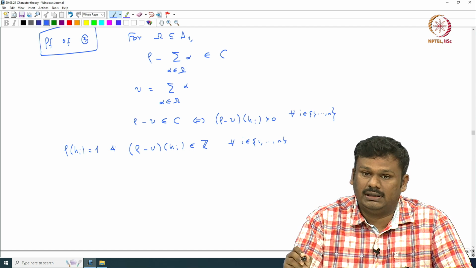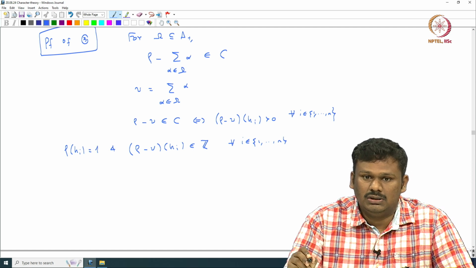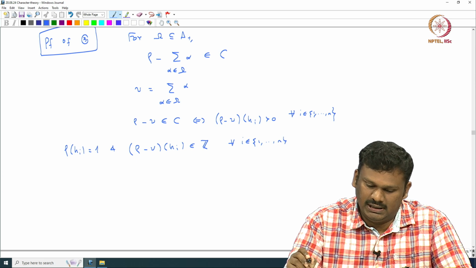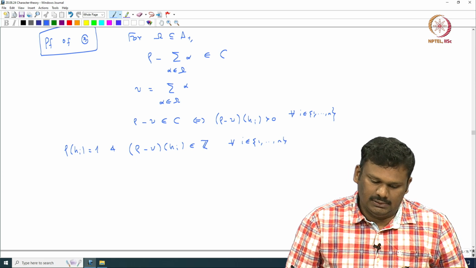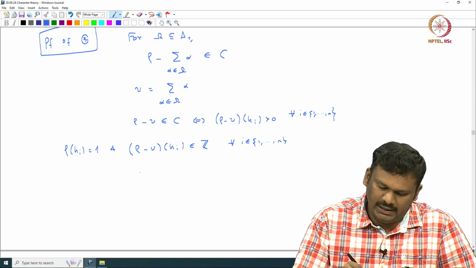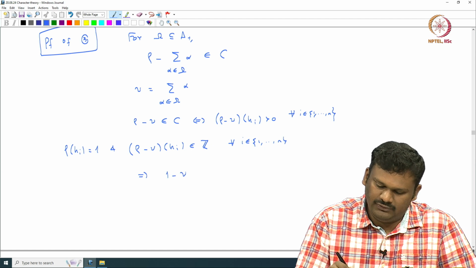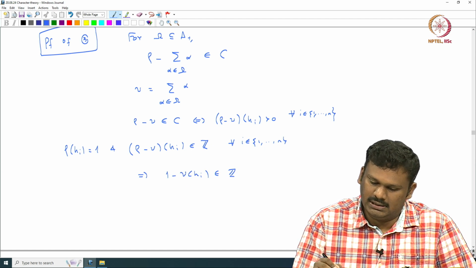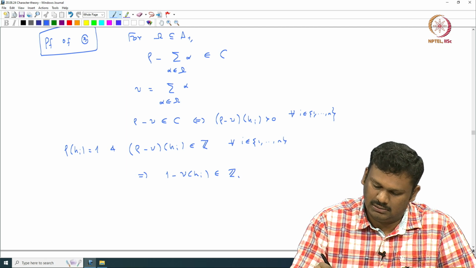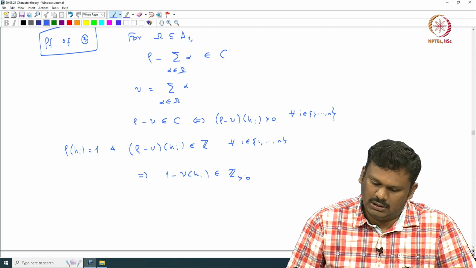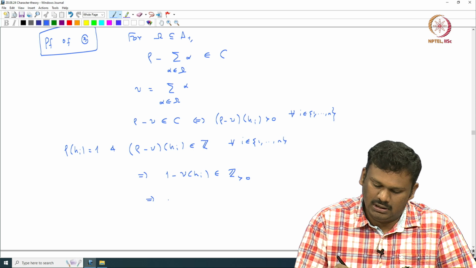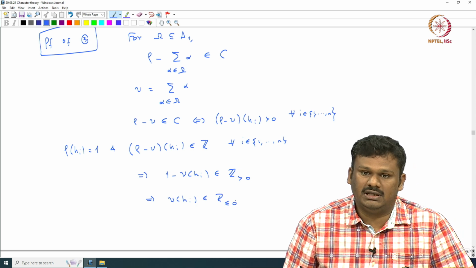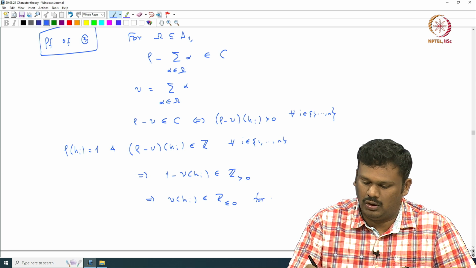So these two things are already there in our head. Now put them together, you can see that this implies 1 minus V of Hi is an integer, and this is actually a positive integer. That will force V of Hi to be a non-positive integer, and this is true for all i ranging from 1 to n.